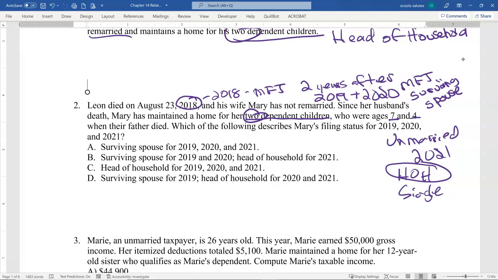Hopefully in practice you don't get hit with all of this at one time, but maybe you are catching somebody up on old returns, and that would be the case here. So it's asking us about 2019, 20, and 21. In 2019 and 20, you're going to be married filing jointly. In 2021, you're going to be a head of household, and that's going to be choice B.